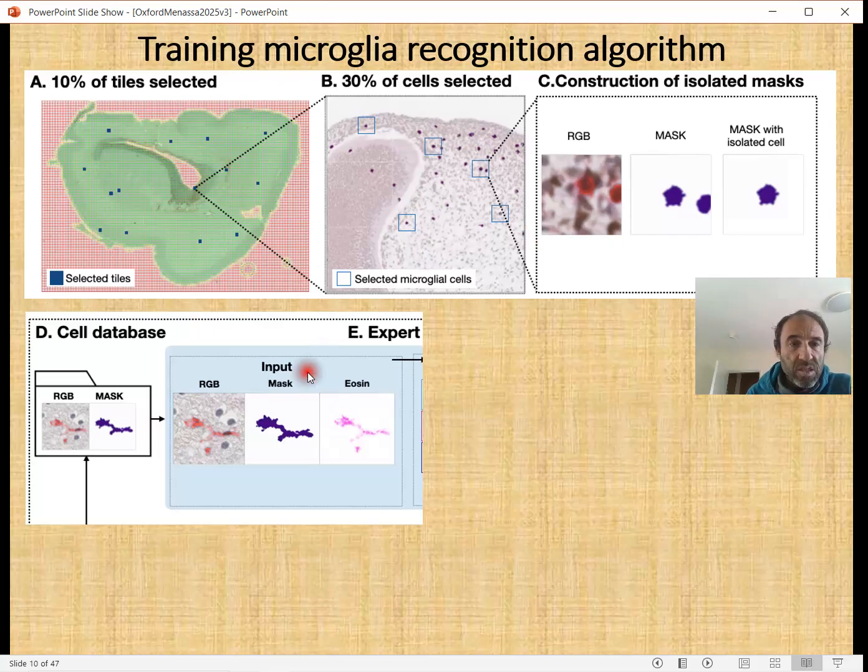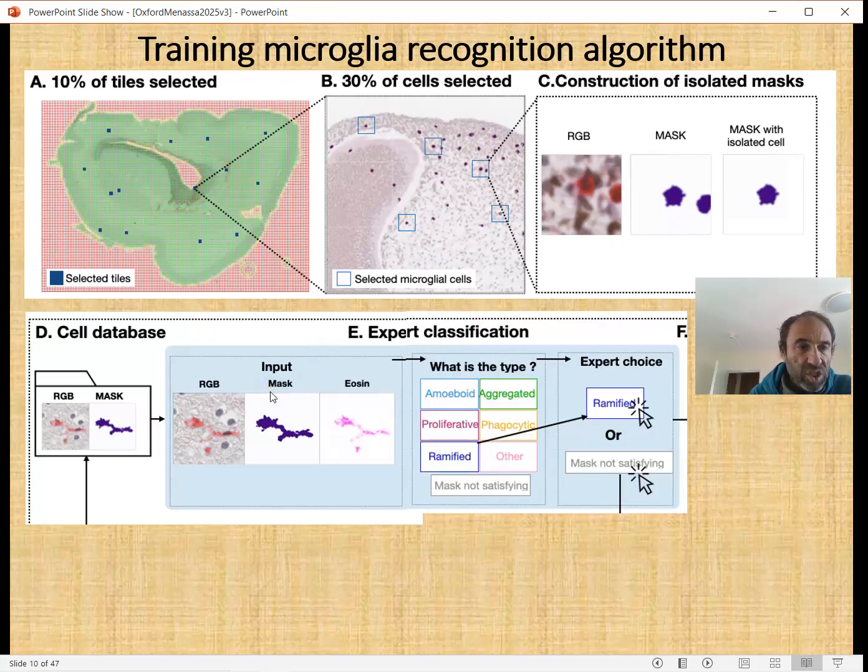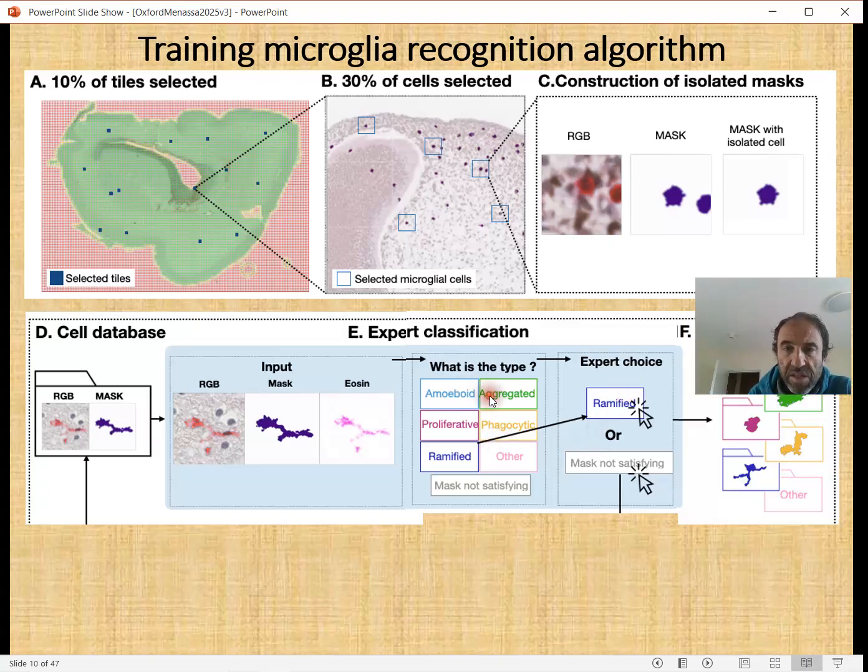And for this, there is a part which has to do with the training by the expert. So we started with the cells, you give the mask, and according to the shape, the expert will give a label. It can be ramified, proliferative, whatever. So he has to click on this button, and when this is done, you have the training.